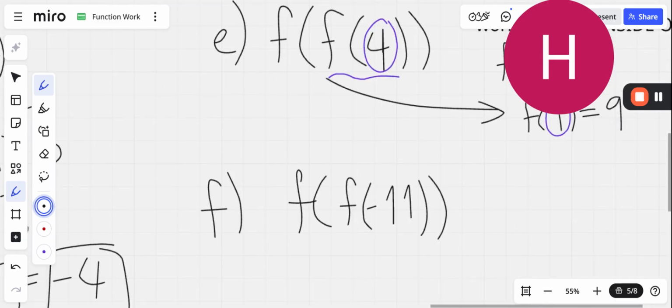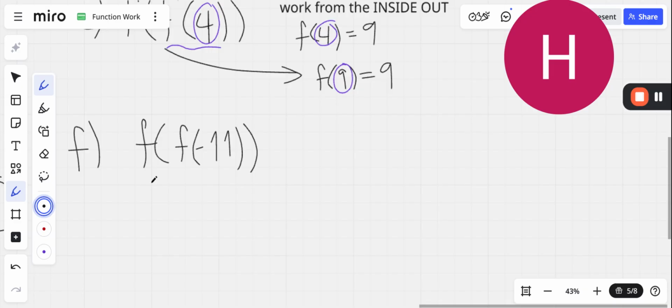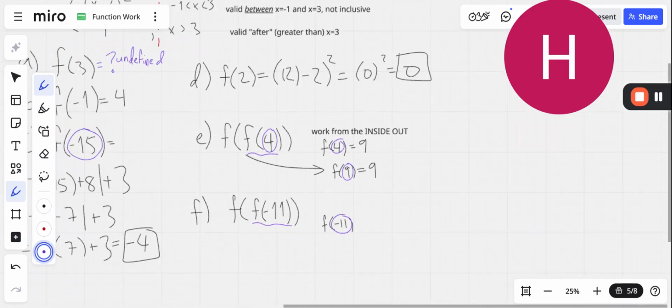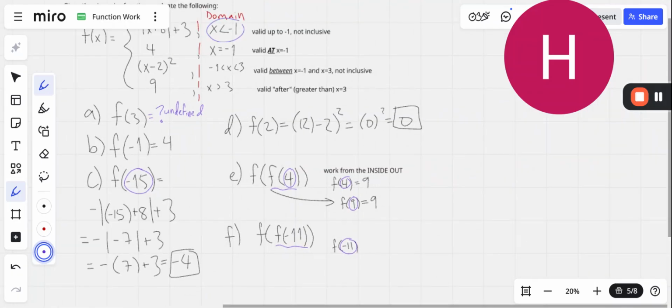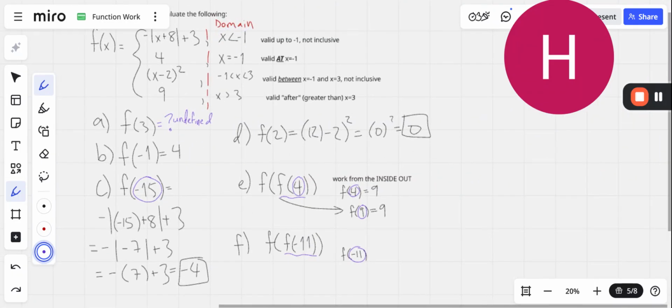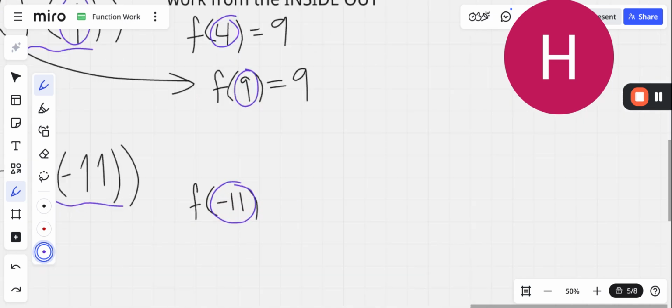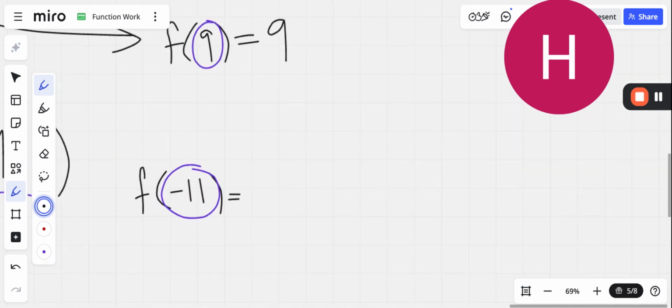Let's take a look at the last one here. So in order to figure out this, we need to know what f of -11 is. So first we're going to say f of -11. Which piece are we using for that? We have to use the first piece where x is less than -1 because -11 for sure is less than -1. So let's use this piece. It's going to be equal to the absolute value of -11 plus 8 and then plus 3.